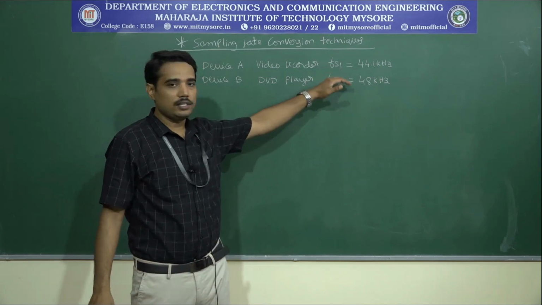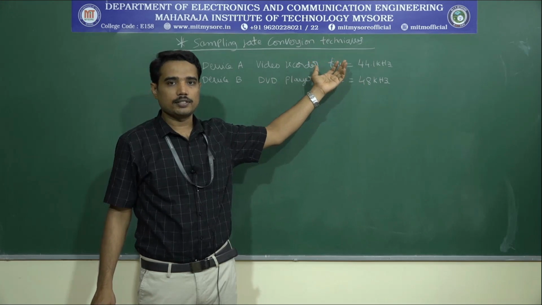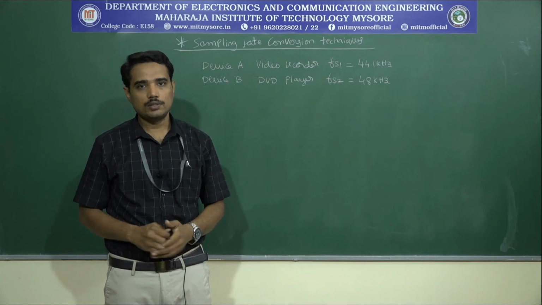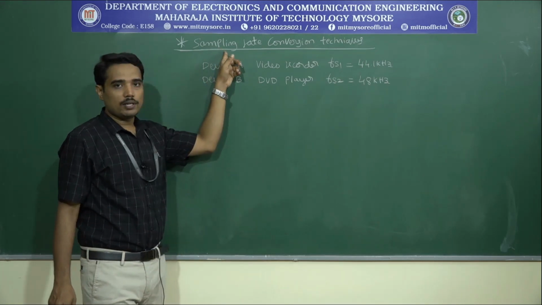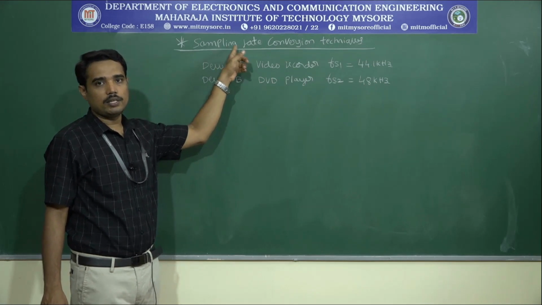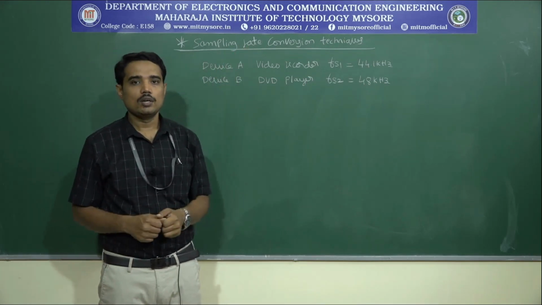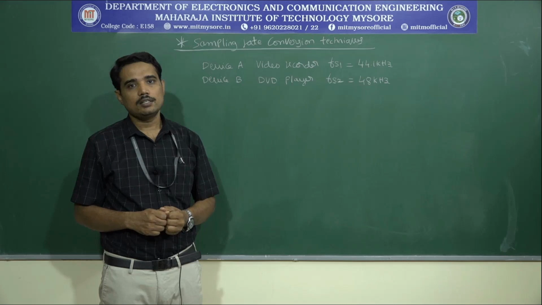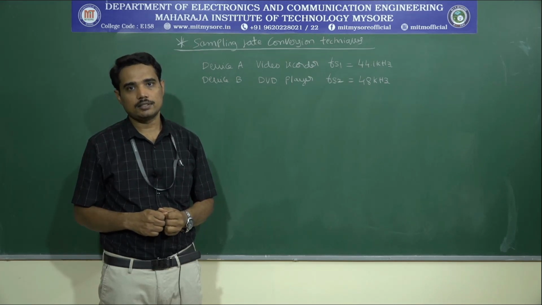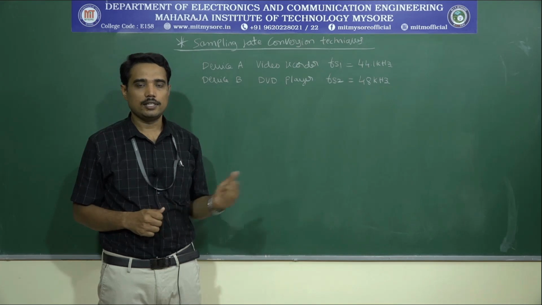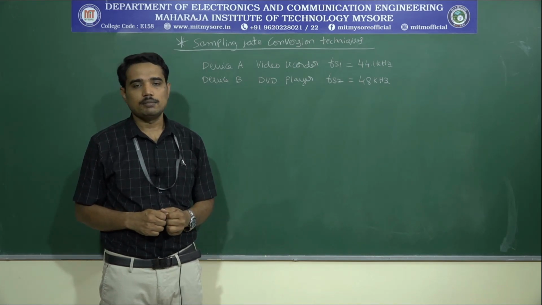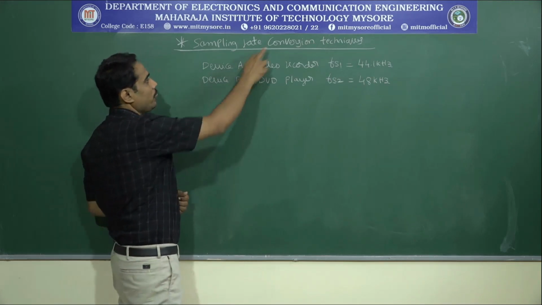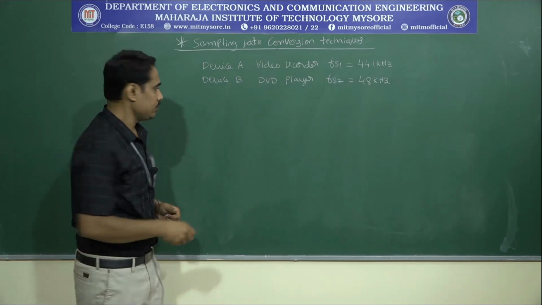If the sampling rates are different, then it is impossible to view the proper output in the monitor. In order to overcome this situation, we need to perform an operation called sampling rate conversion. The conversion techniques followed in the DSP processing system are decimation and interpolation. Decimation and interpolation are the two sampling rate conversion techniques.